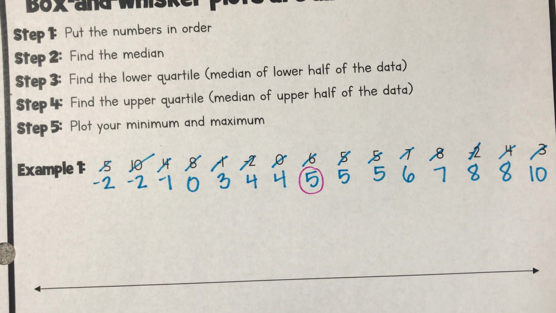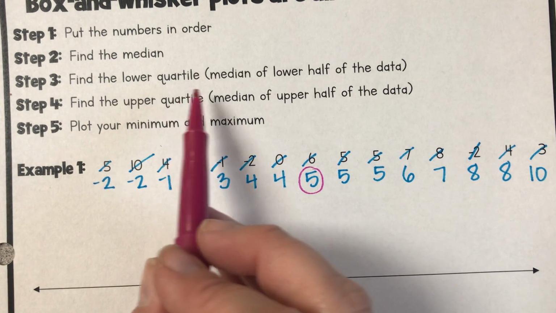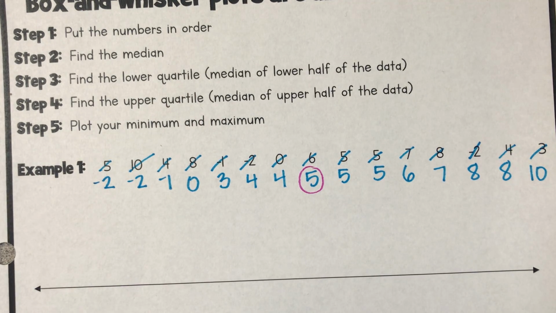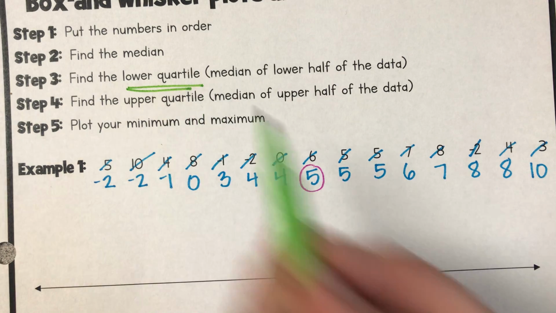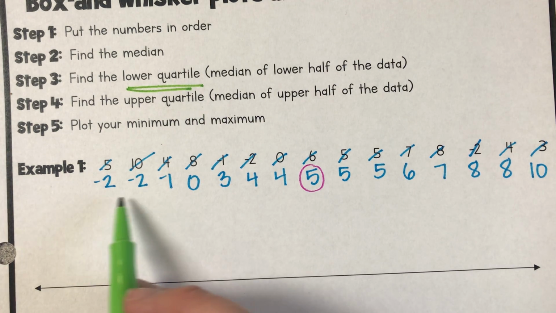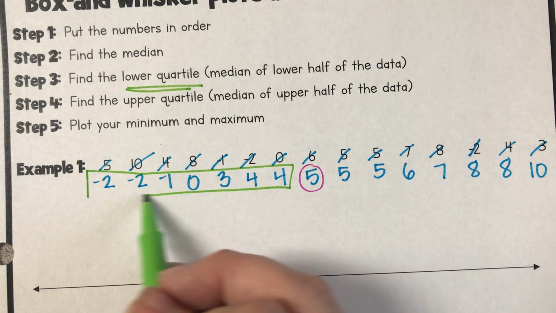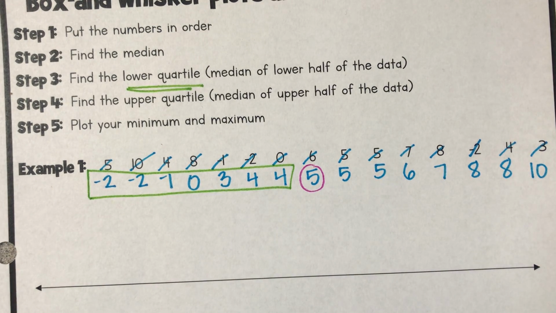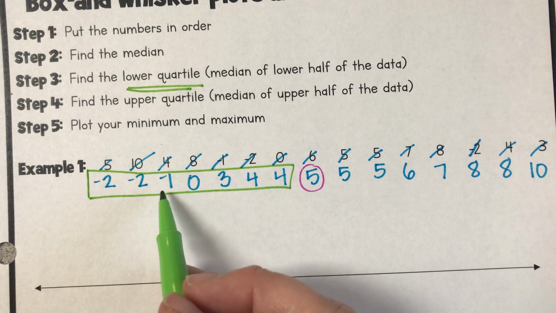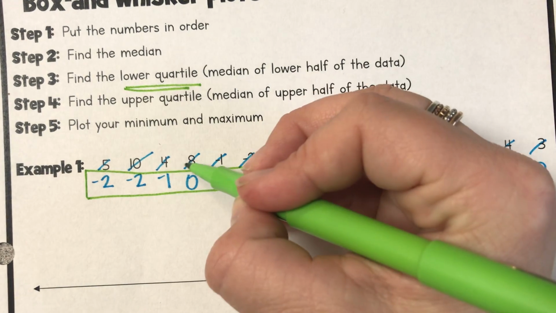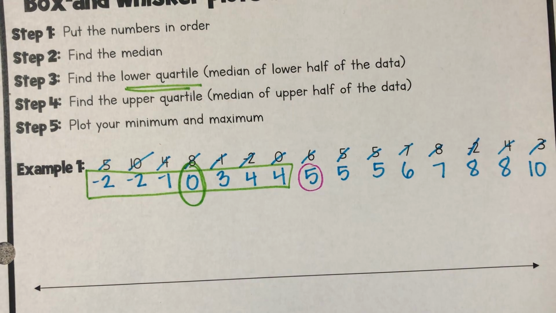The next step is to find what's called the lower quartile. That is the median of the lower half of the data. So I'm looking at this bottom half right here, just these numbers. I need to find the middle of those. So there's 1, 2, 3, 4, 5, 6, 7. So I know this is going to be my middle, right?